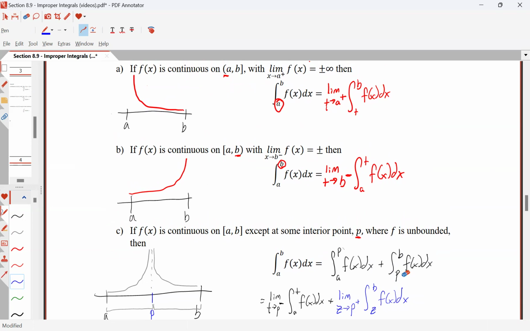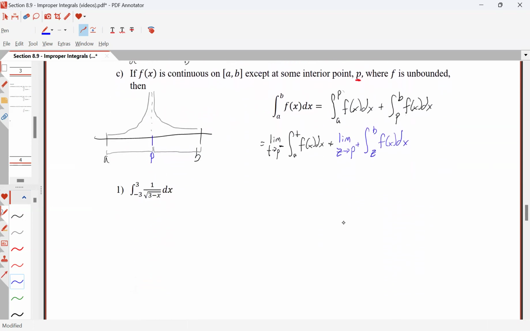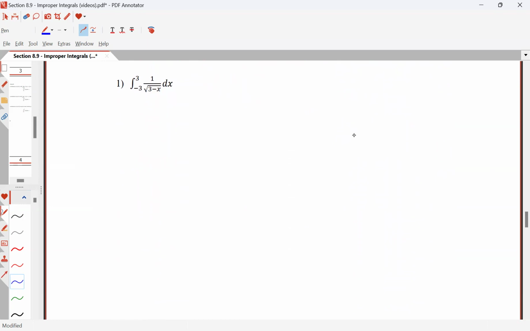Now we'll take a look at an example of this. First example is the integral from -3 to 3 of 1 over the square root of 3 minus x dx. I'm okay plugging almost any value in, except I cannot make that square root negative, which would mean I'm plugging in something larger than 3. 3 minus 4 is -1, and I can't have a negative under a square root.